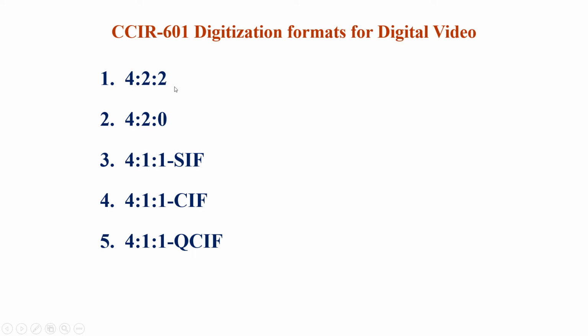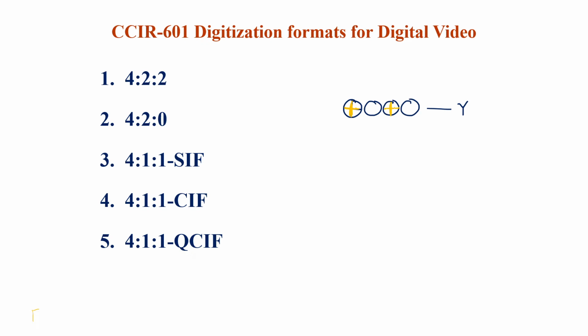This is 4:2:2. When I say I'm sampling my luminance with 4 samples, so on one line I'm using 4 for luminance, and 2 I'm using for CR and CB. I'll use a different color for this one, say, this is my CR.